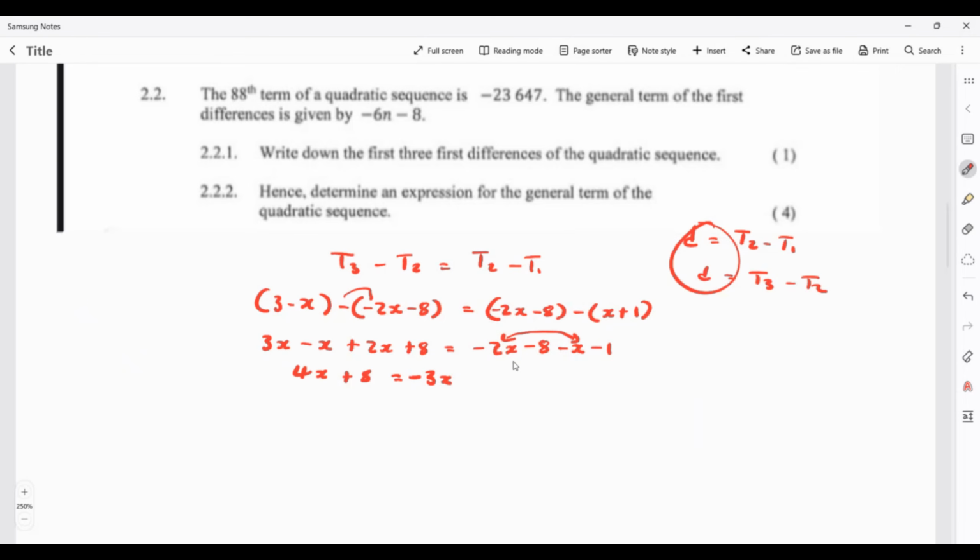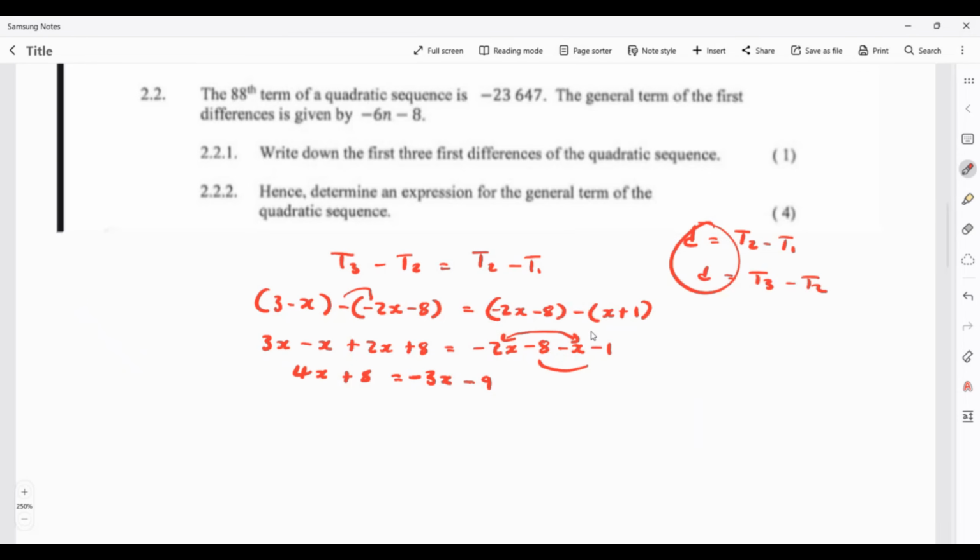And then on this other side, this one and that one will give me negative 9. So having done that, when I further simplify this, I'm not sure if I made a mistake somewhere, but I feel like I made a mistake over there.